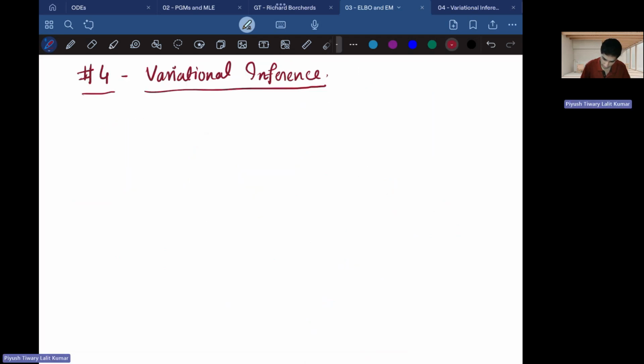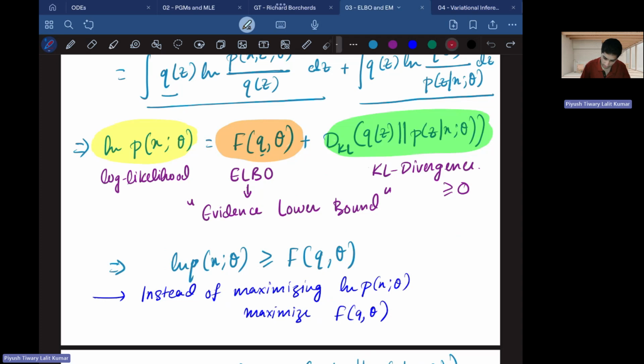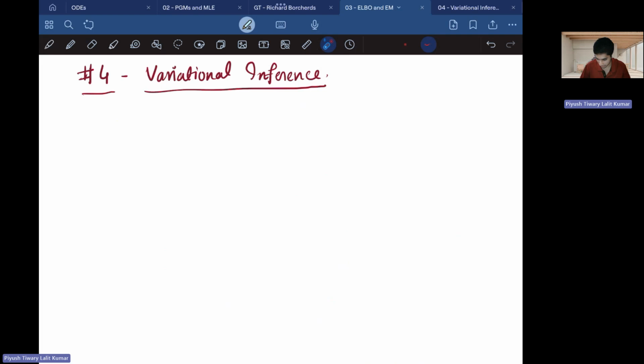Let's write it down again. However, we will omit theta here for the time being. You can think that theta is also a latent variable and it is subsumed in z for the time being, but we will just ignore it.